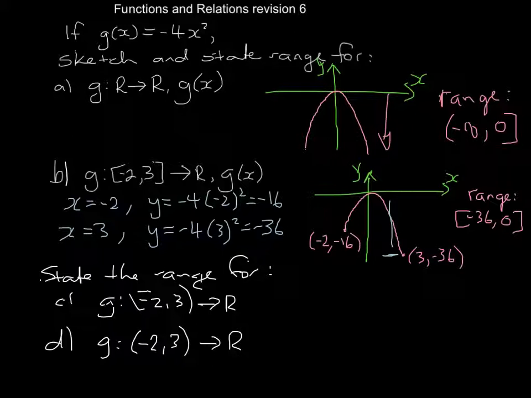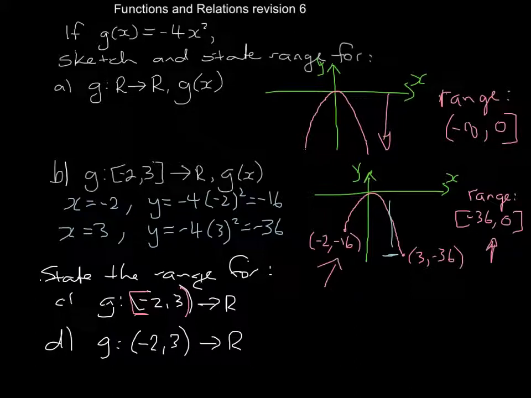For the next part, what we're doing is just slightly changing the domain. So in the first instance, we have a square bracket which is going with the negative 2, round bracket going with the 3. Now, if we look at the range for the previous one, and we look at the negative 2 x value, so the coordinates that we had here, they weren't going to have any impact on the range. It's the ones on the other side there, so we need to consider square brackets or round brackets with that.